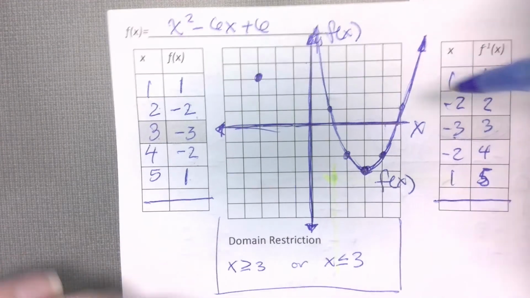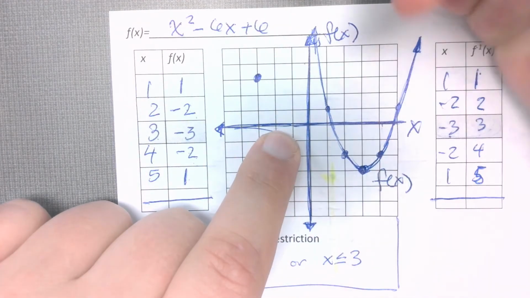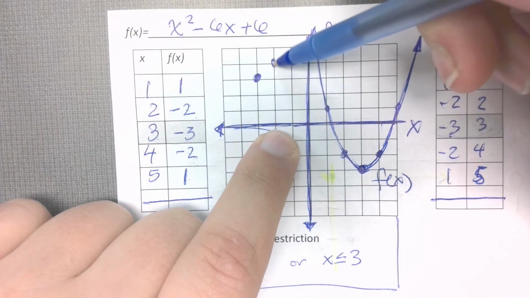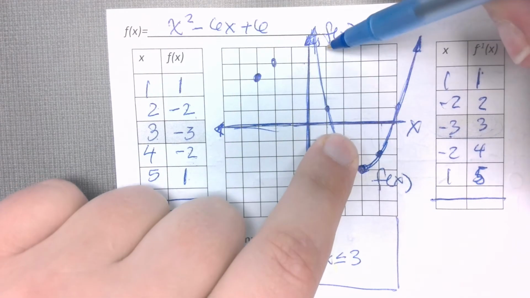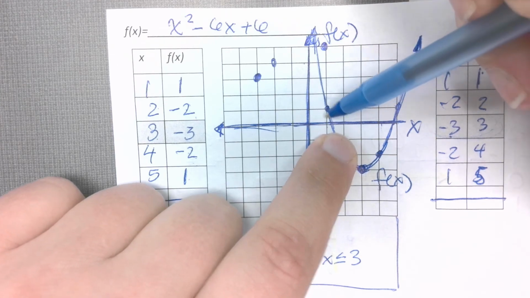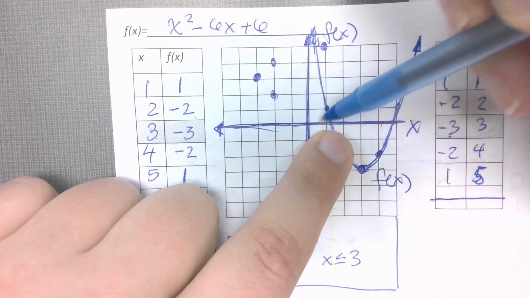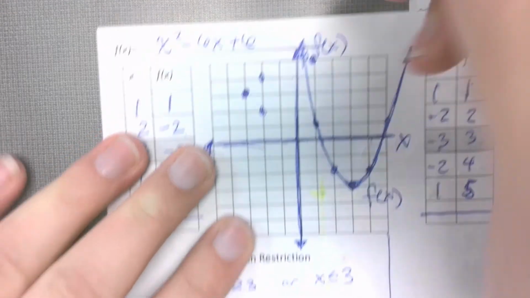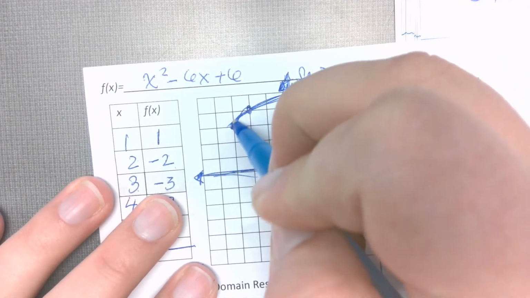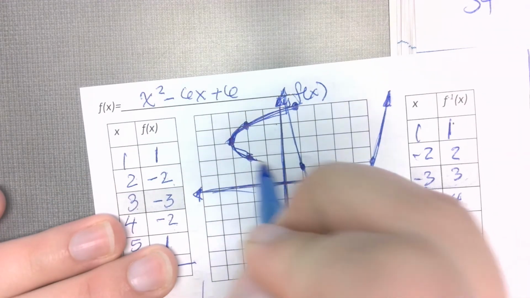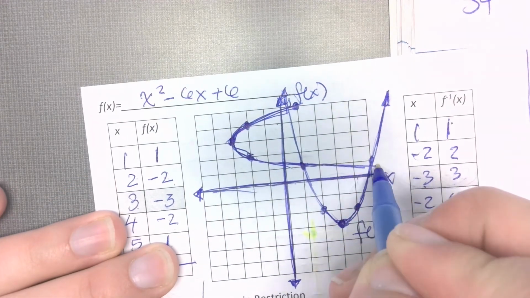And then we're just going to do our best. Left 2 up 4. Left over 1 up 5. Left 2 up 2. It's not going to be perfect. My drawing's never perfect, but it's close enough that we can actually tell what's going on.